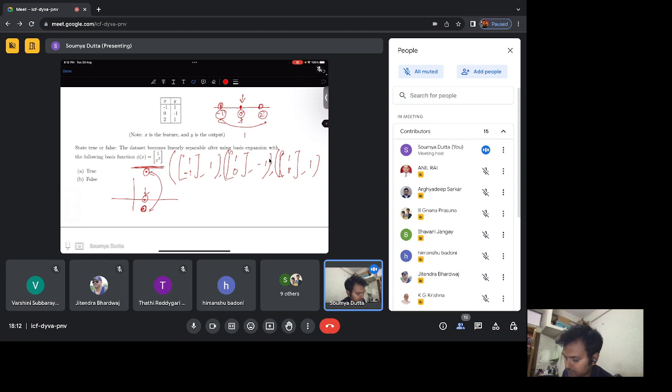Again, you see this is not linearly separable. So even after doing the basis transformation, you have not been able to separate the two things properly. So the statement that the data set becomes linearly separable is obviously false. By plotting it, you can see that they are not linearly separable.